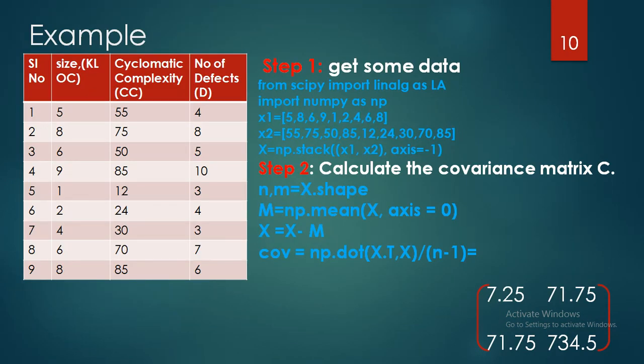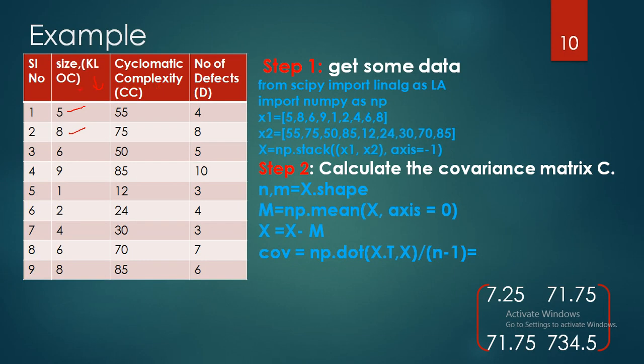Now let us solve an example step by step computing the PCA. So here we have one example of software. The first dimension is KLOC, that is thousands of lines of code: 5,000 lines of code, 8,000 lines of code.